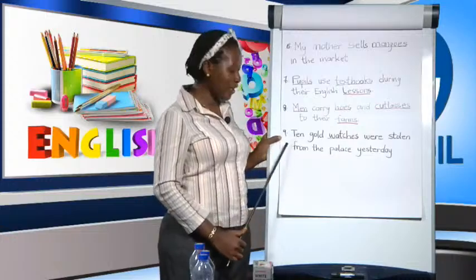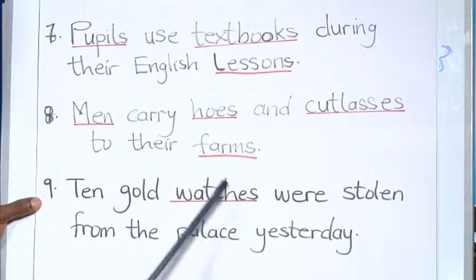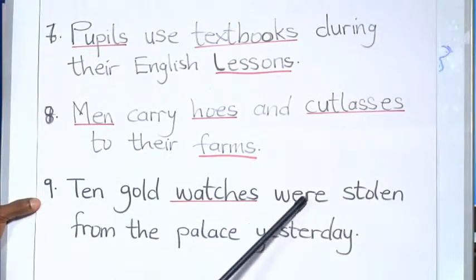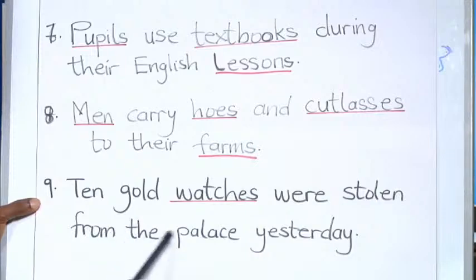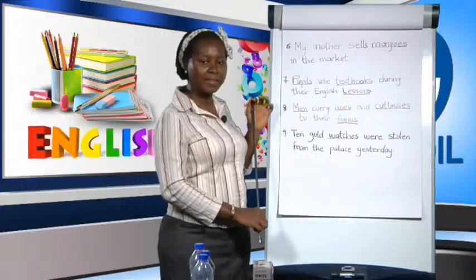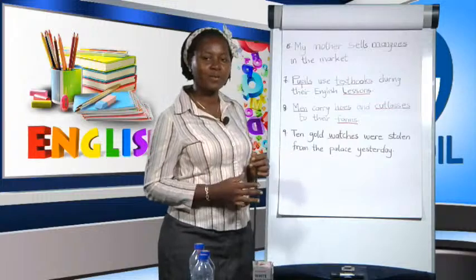Our last example here. 10 gold watches were stolen from the palace yesterday. We just counted some watches here. So watches are countable nouns.